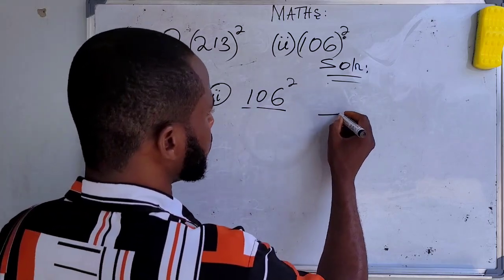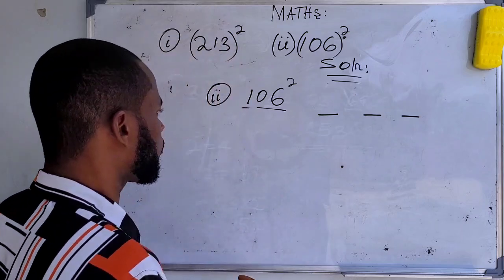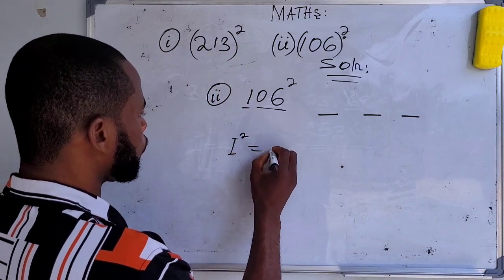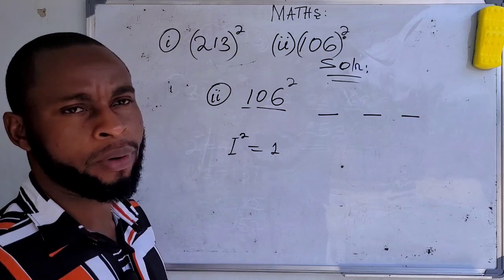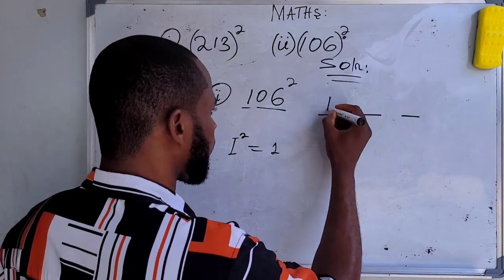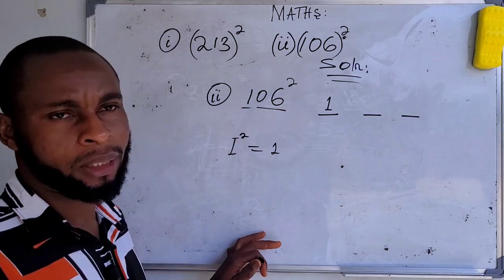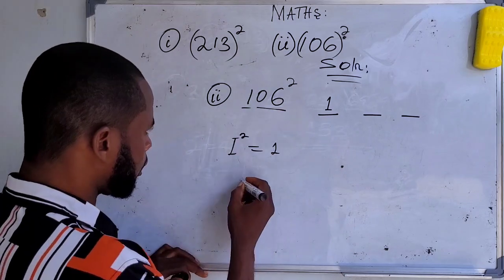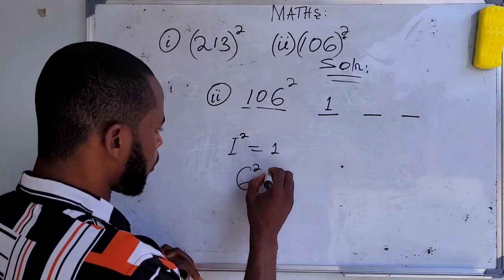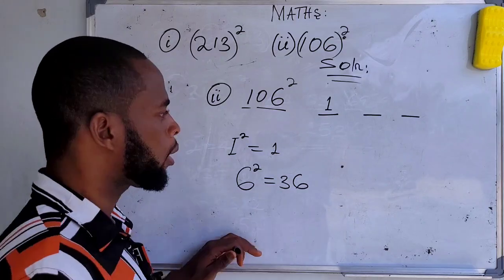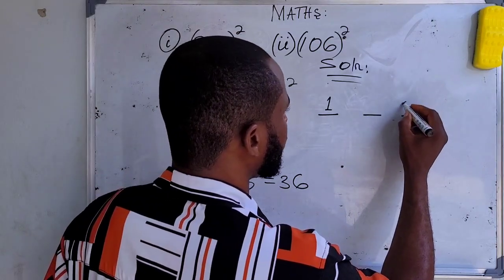We create 3 spaces. The first digit we square, 1 square, this still gives us 1, and the first digit still comes here. Here we have 06, but we're going to take 6. This 6 square will give us 36, and 36 will come down here.